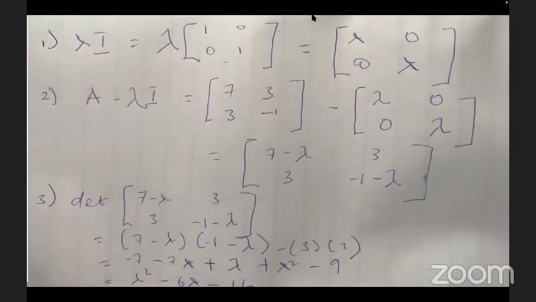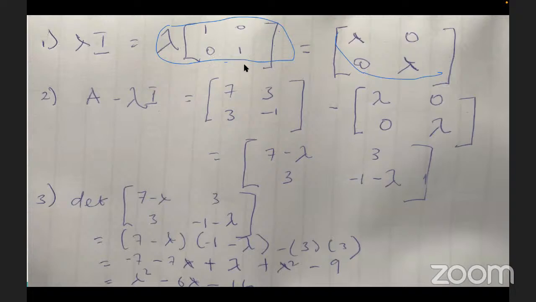This is an identity matrix: 1, 0, 0, 1. So we multiply it by lambda. This is basically lambda times 1 is lambda, lambda by 0 is 0. So we have this.